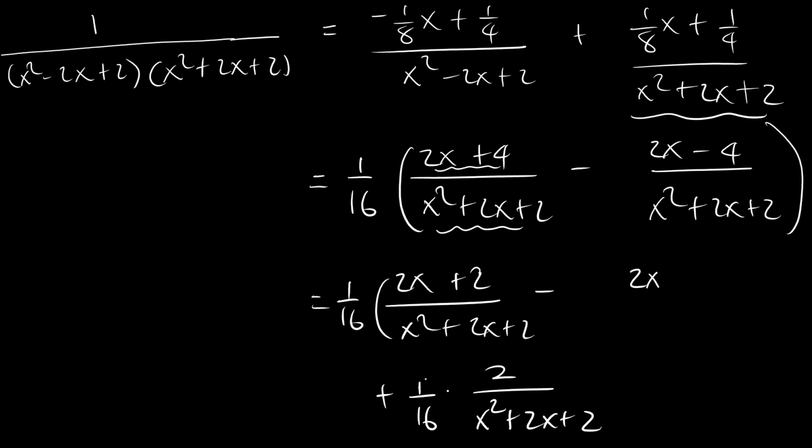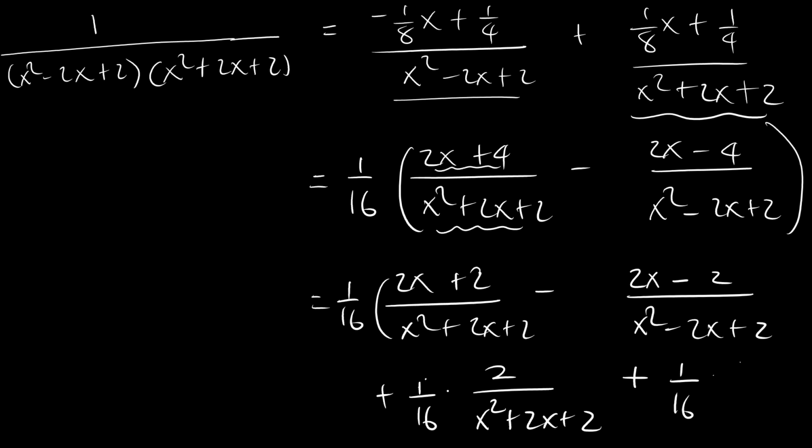Apologies, we made a mistake somewhere, and this part has to be negative 2x minus 2 over x squared minus 2x plus 2. And since we are missing something here, we're going to put plus 1 over 16 times 2 over x squared minus 2x plus 2. Okay, close bracket.